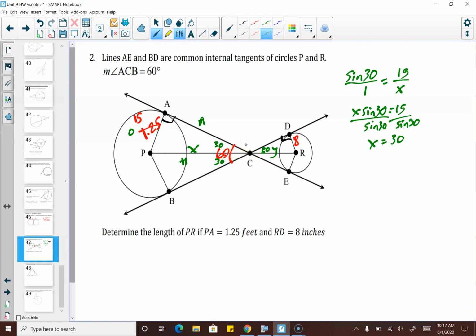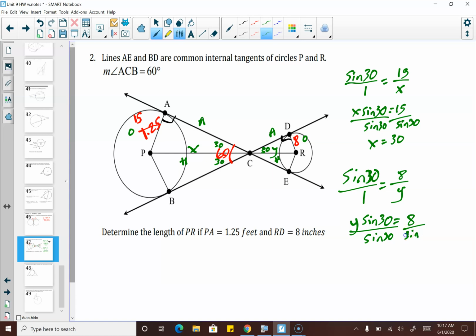And then I'm going to do the same thing in this smaller triangle. From the 30, I have my opposite, my adjacent, and my hypotenuse at y. So this is basically the same exact setup. The only difference is instead of being 15 over x, it's going to be 8 over y. So y sine of 30 equals 8. I'll divide both sides by sine of 30.